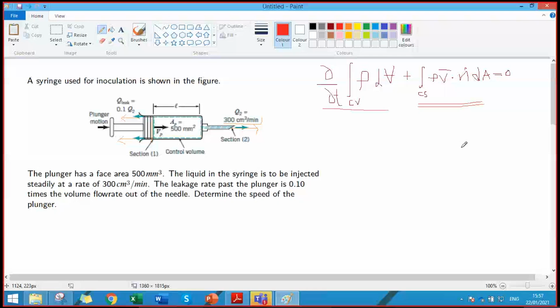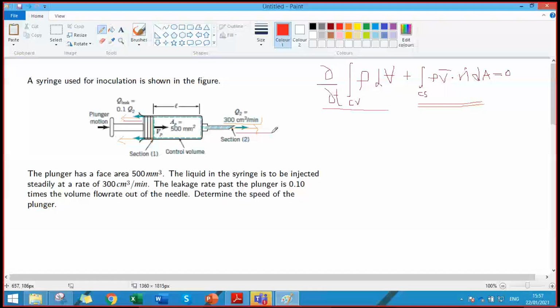It is basically representing the inflows and the outflows, right? So what is the inflow? There is no inflow in this control volume. There is only outflow from the needle and the leakage point from here and here. And that is also through fixed areas, because we are given the volume flow rates.